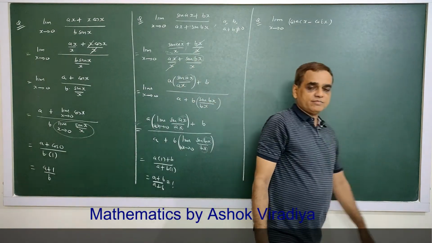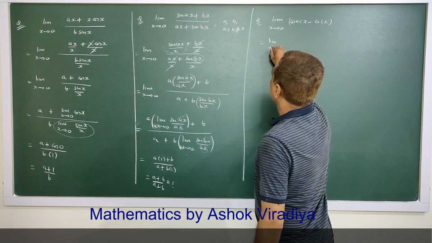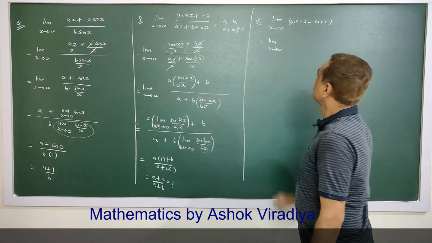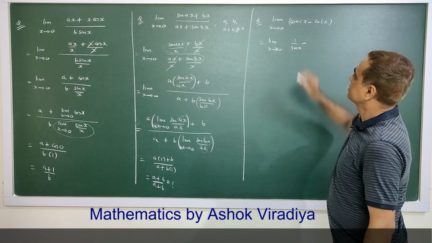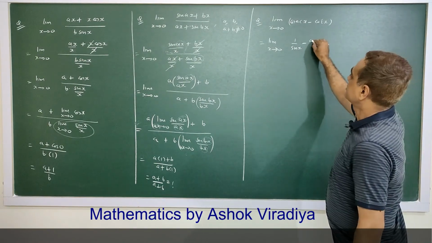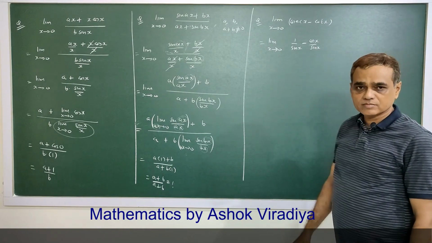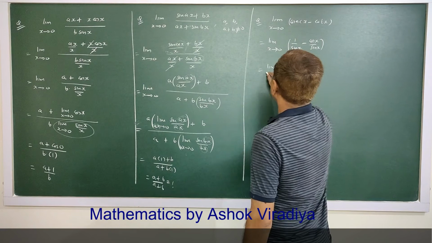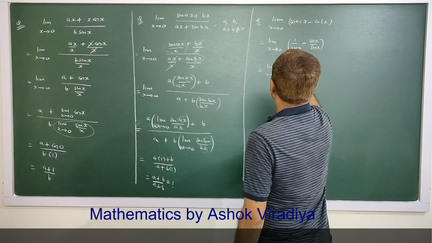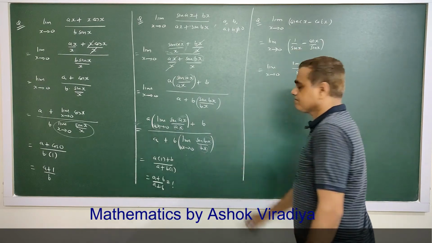Now here, this is equal to limit x tends to 0. Cosec x is 1 upon sin x. Cot x is cos x upon sin x. So this is limit x tends to 0, 1 minus cos x upon sin x.